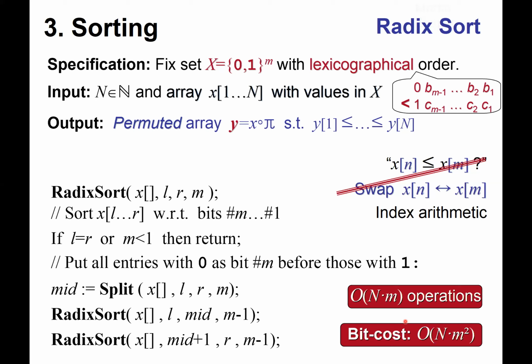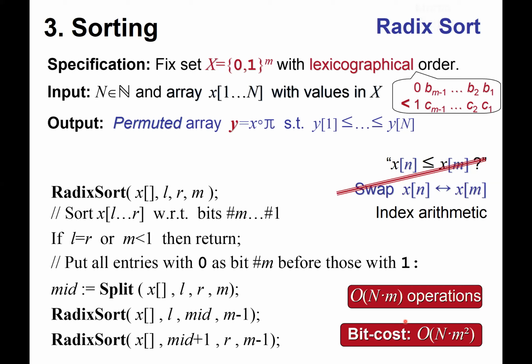And similar to the previous refined analysis of counting sort, now we're going to reanalyze Radix sort from the more refined perspective of bit cost. And the bit cost analysis here is also very simple, namely only observe that every operation we use on strings is actually M operations on M bits.